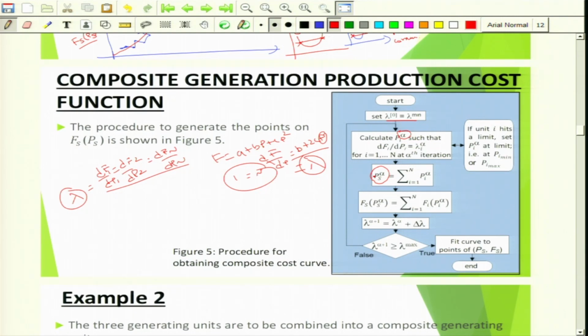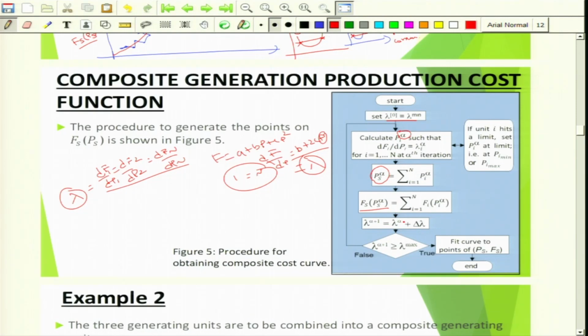The total generators you are representing with one generator, so that is the composite power output of the composite generator at that specific iteration, and then you obtain the fuel characteristic. Then you increase the lambda again; for the next iteration lambda alpha plus 1 is the previous lambda plus some increment in lambda.